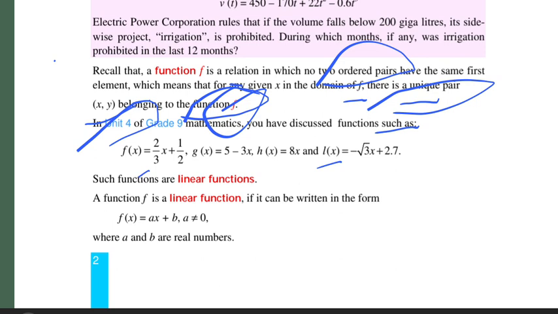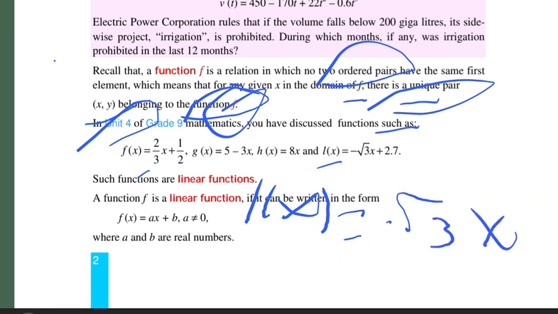The radical is only for 3, not for x. I mean that L of x equals minus the radical of 3.